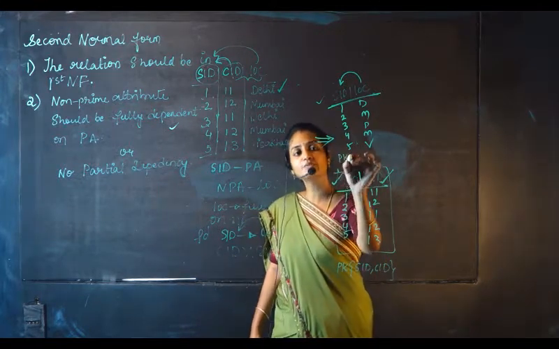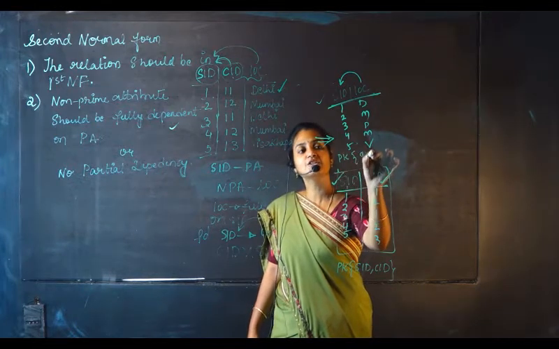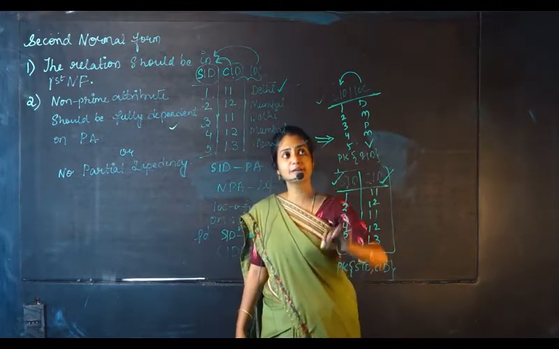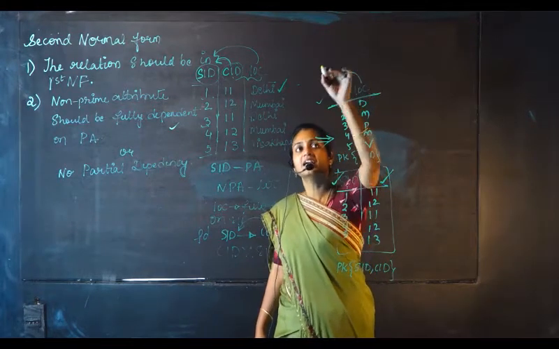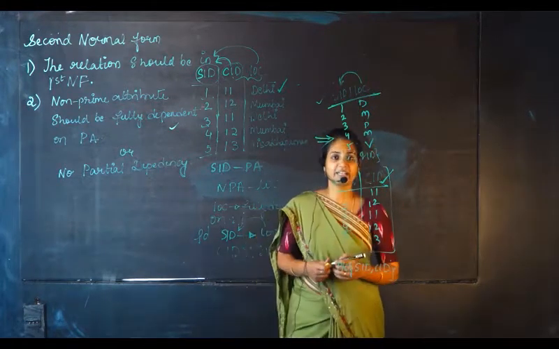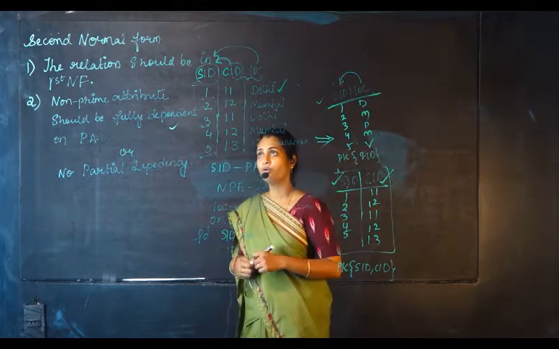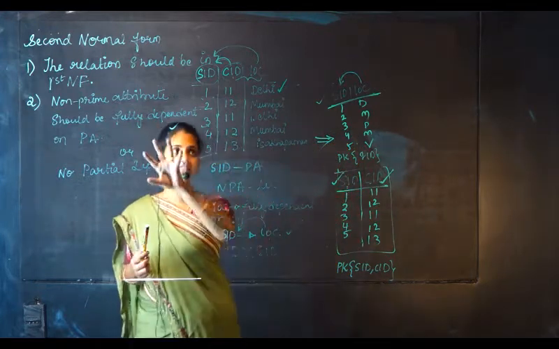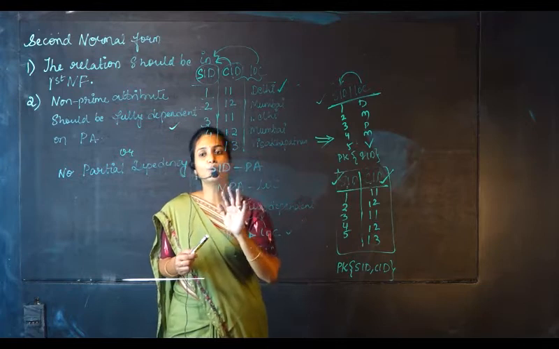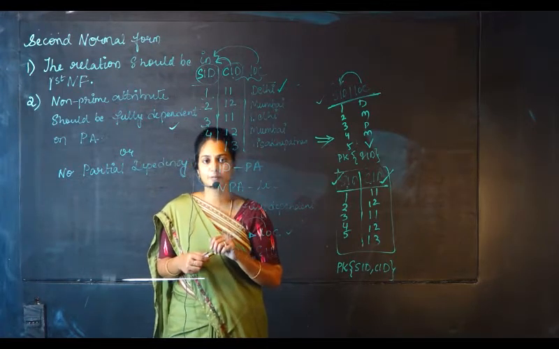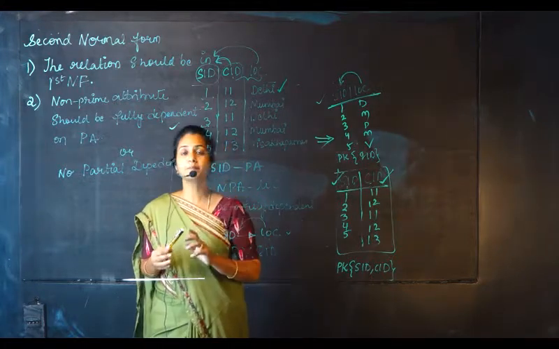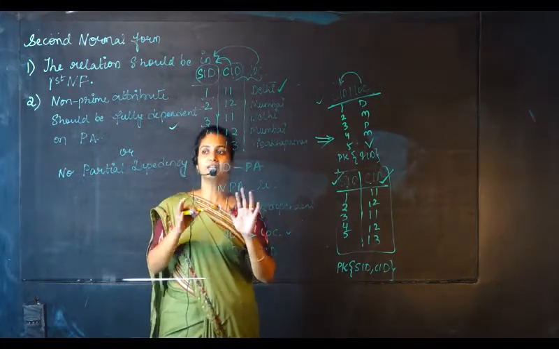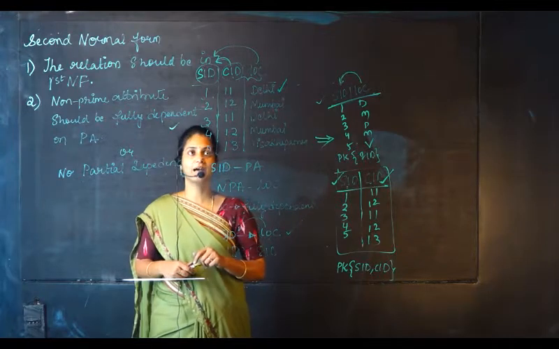And what about this one? What is the primary key here? Student ID. And what is the non-prime attribute? Location. This location depends on the student ID. In the second normal form, no partial dependency should be there, or you can say that non-prime attributes should be fully dependent on the prime attributes.